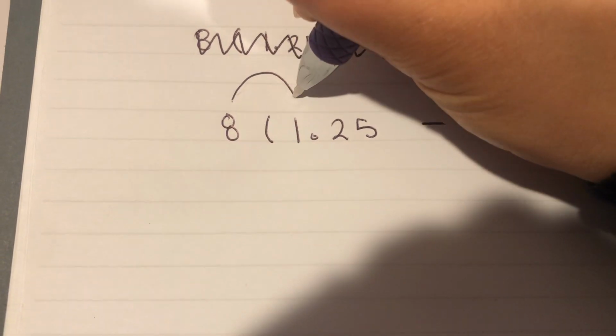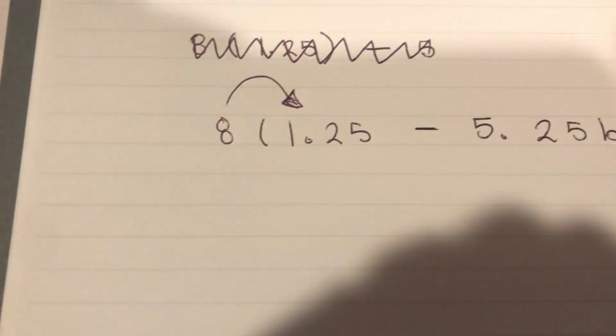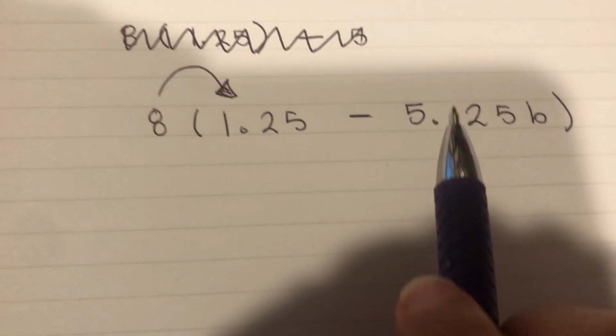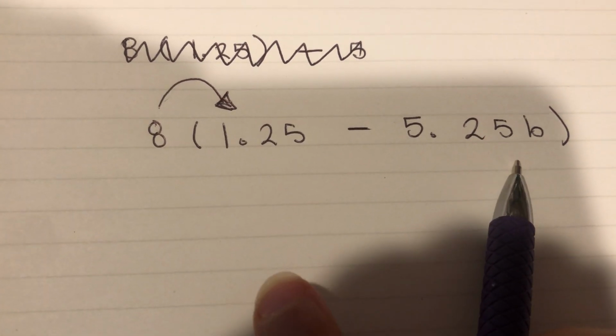And remember that with distributive property, we're multiplying. So I'm taking my 8 and I'm multiplying it with 1 and 25 hundredths. And then I'm going to take the 8 and multiply it with negative 5 and 25 hundredths, b.